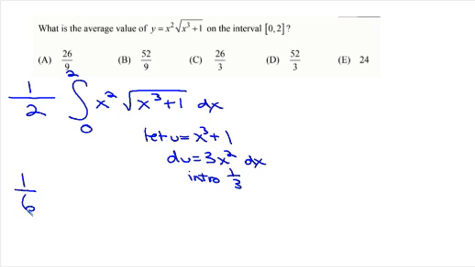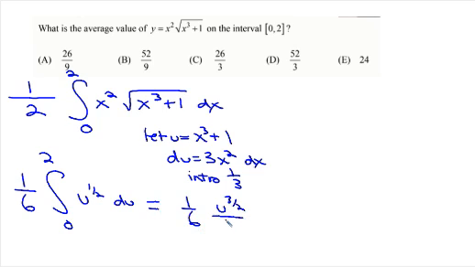That's one of the reasons I wanted to go over this problem. Remember, 1/2 times 1/3 is 1/6. I'm integrating from 0 to 2 of u to the 1/2 du. So that's going to become 1/6 times u to the 3/2 over 3/2.